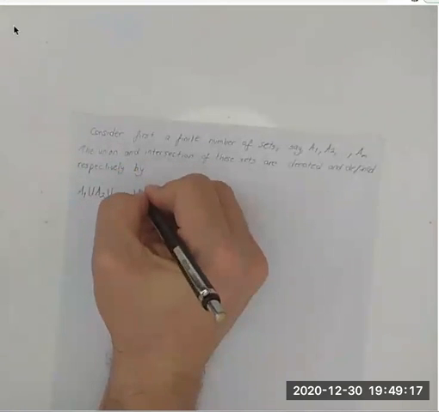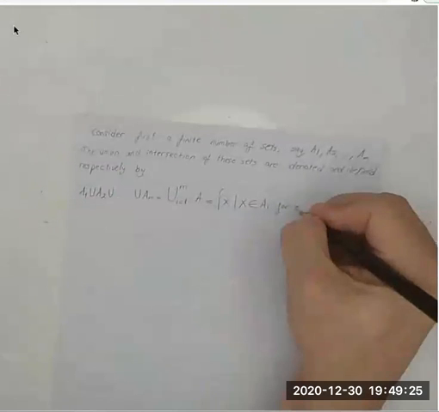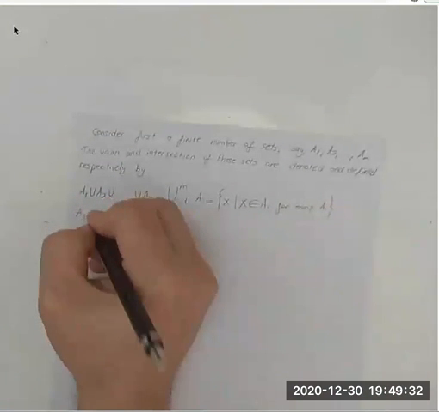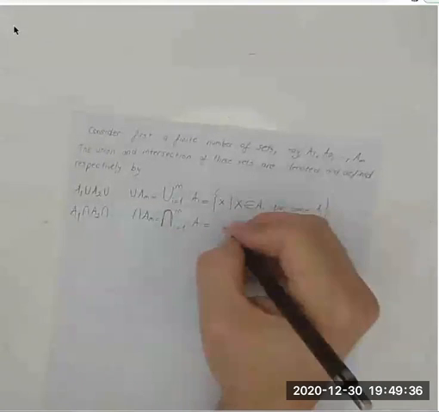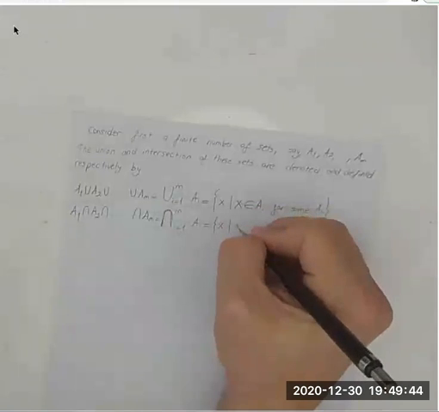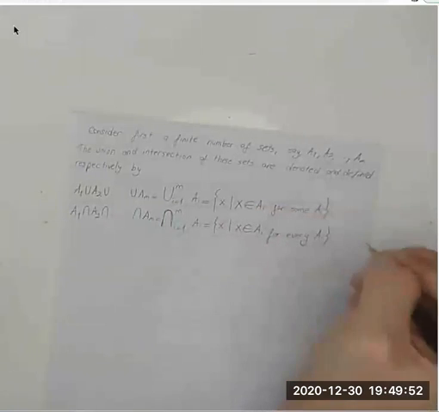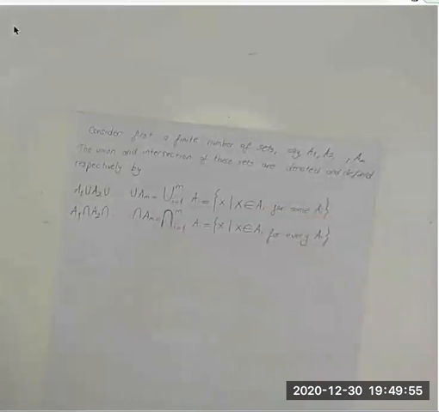The intersection, A1 intersection A2 intersection and so on intersection AM, is again written with I from 1 to M, and it is the set of X which is a member of AI for every AI.